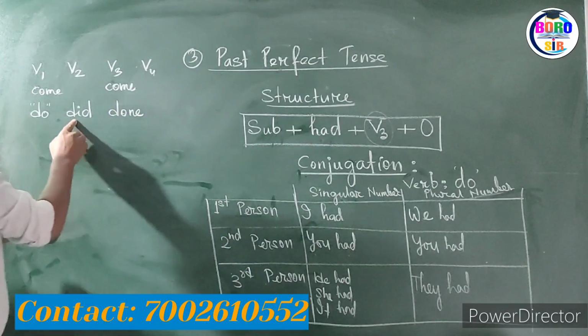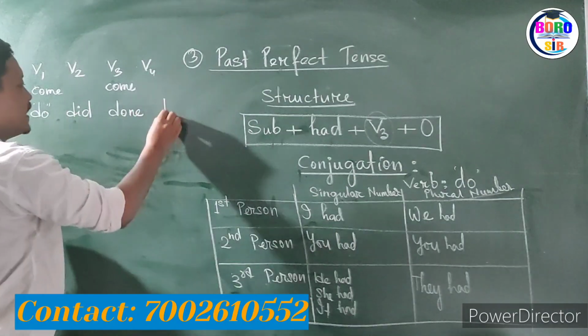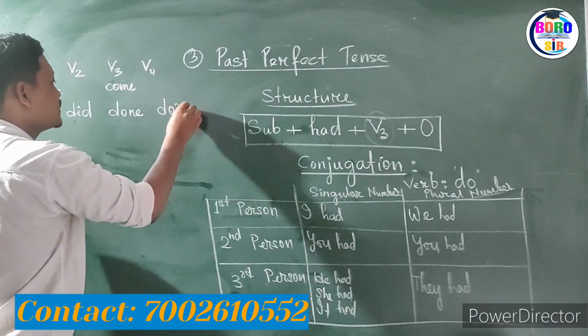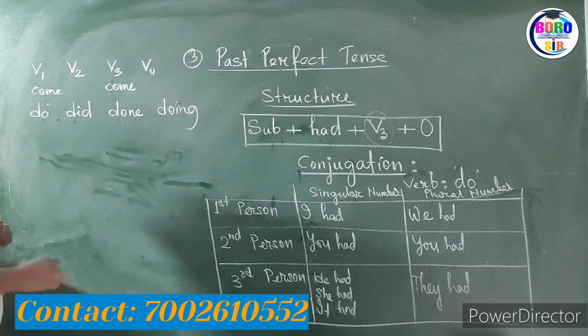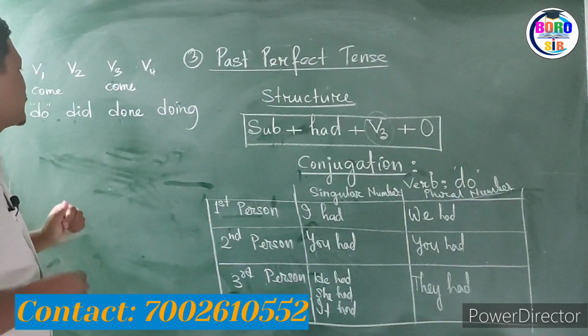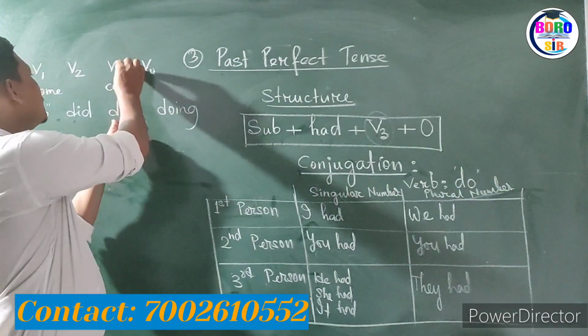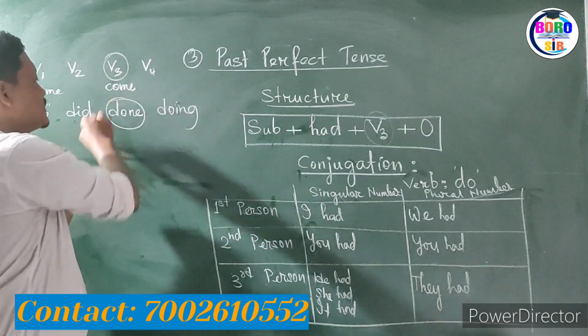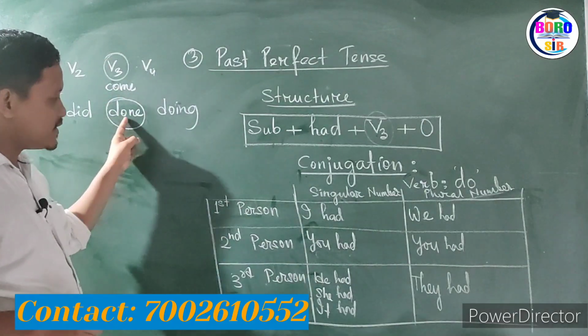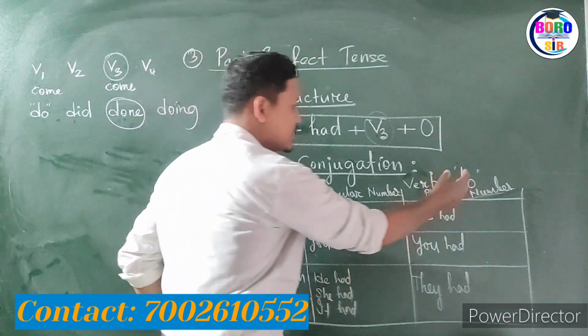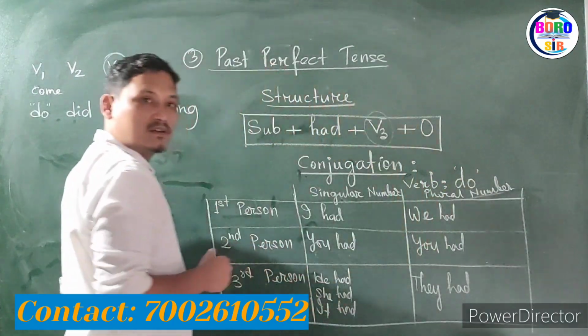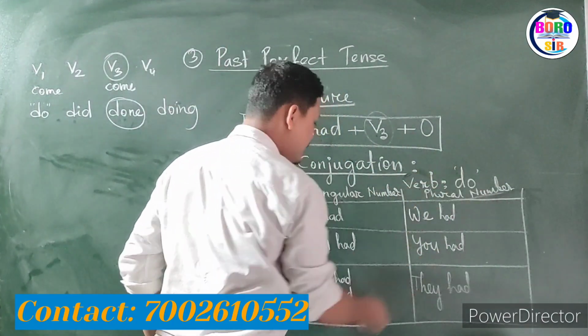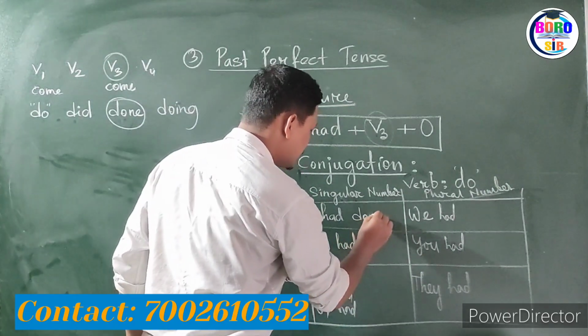And the third form of this verb is done, and the fourth form is doing. Now which one is needed? We need the third form of this verb. So it will be done here. The verb do will become done here.